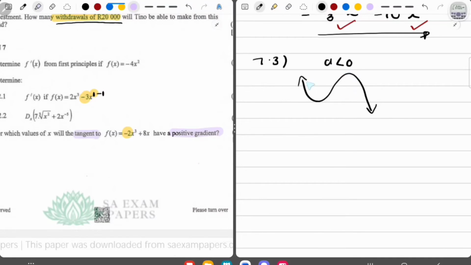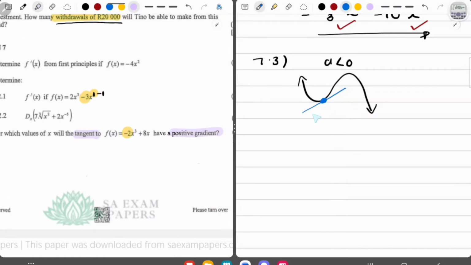If there was a tangent drawn to this curve, you need to know something about tangents and curves. When you have a tangent drawn to a curve, all this means is that at the point of contact between the tangent and the curve, the gradient of the tangent and the gradient of the curve are exactly the same. So think about it.